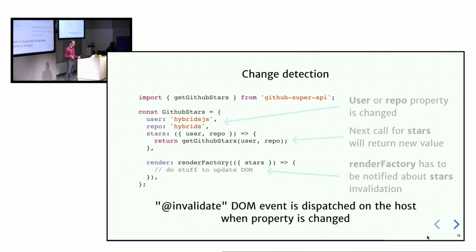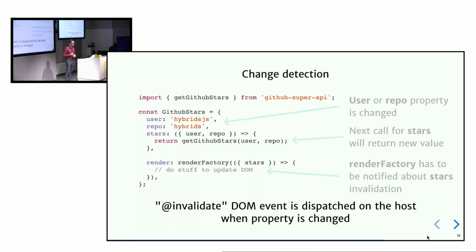You have events for that. In this concept, every change, and actually change in the cache sense, not just calling setters or getters, would dispatch the invalidate event on the host. So our render factory could connect to this event, and when it occurs, it could call re-render.